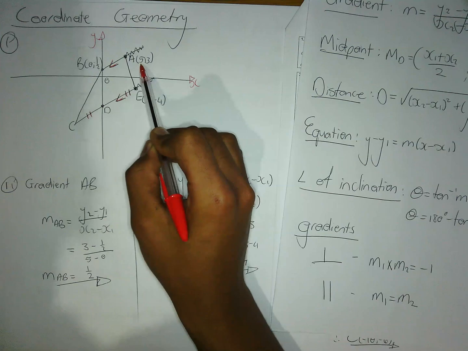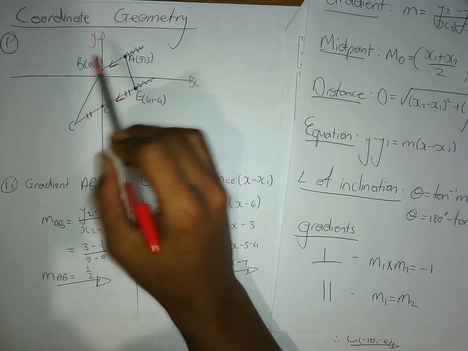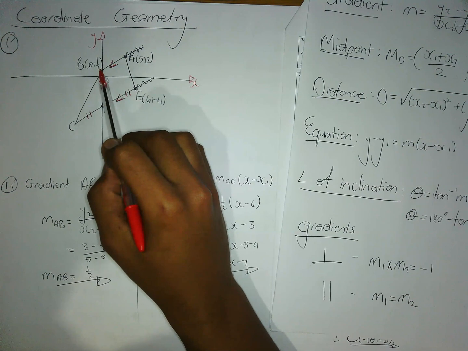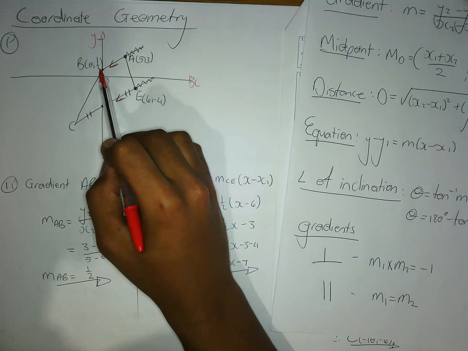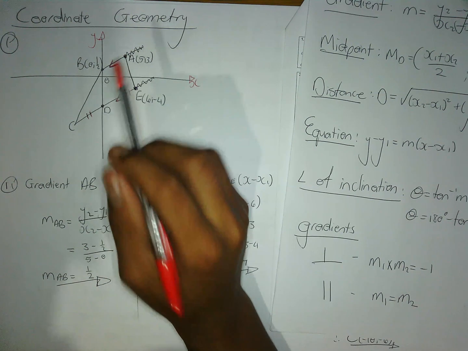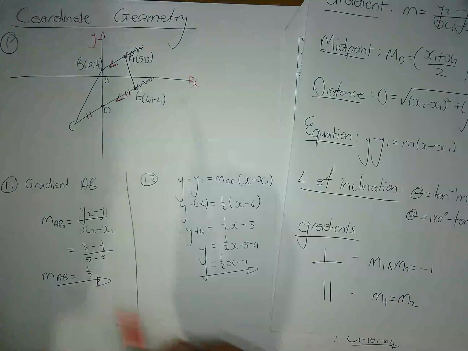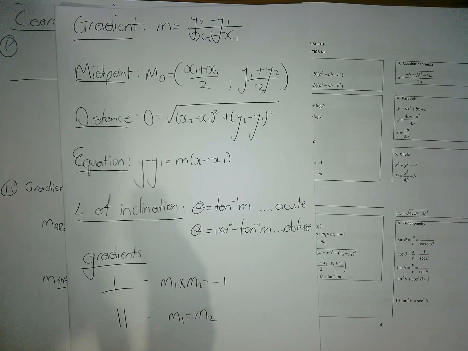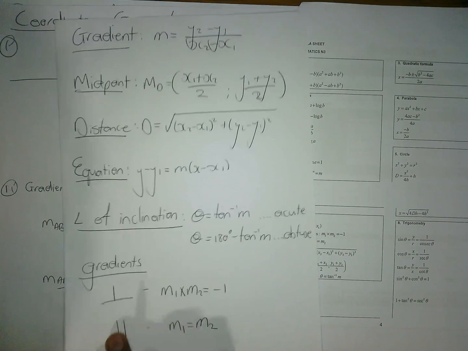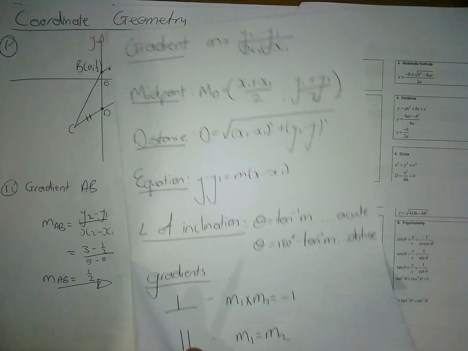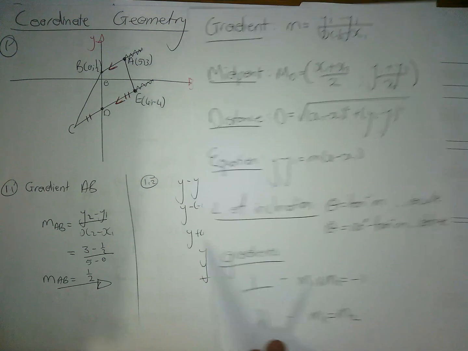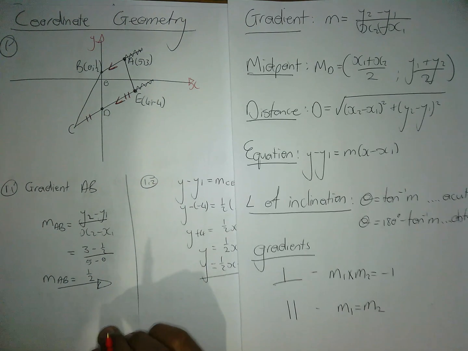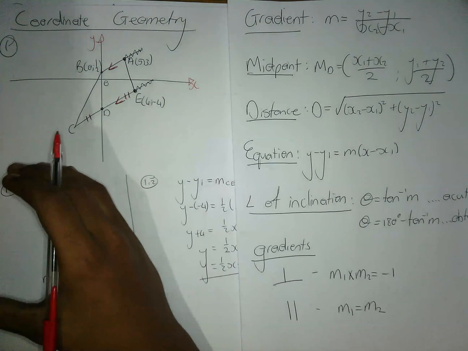That should be your x1, that should be your y1. That should be your x2, that should be your y2. If you mix them up, you will get the wrong answer. This is true for all the formulas you have. You have to put them in the right order. The thing you start with, you must keep it the same for that equation only.